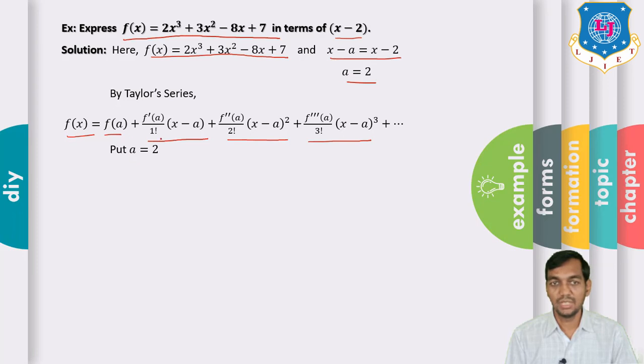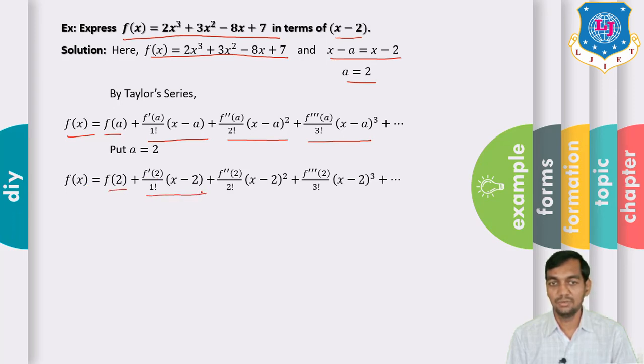So if you put a is equal to 2, then what you will get is f(x) is equal to f(2) plus f dash of 2 divided by 1 factorial into x minus 2 plus f double dash of 2 divided by 2 factorial into x minus 2 the whole square plus f triple dash of 2 divided by 3 factorial into x minus 2 the whole cube. Correct?